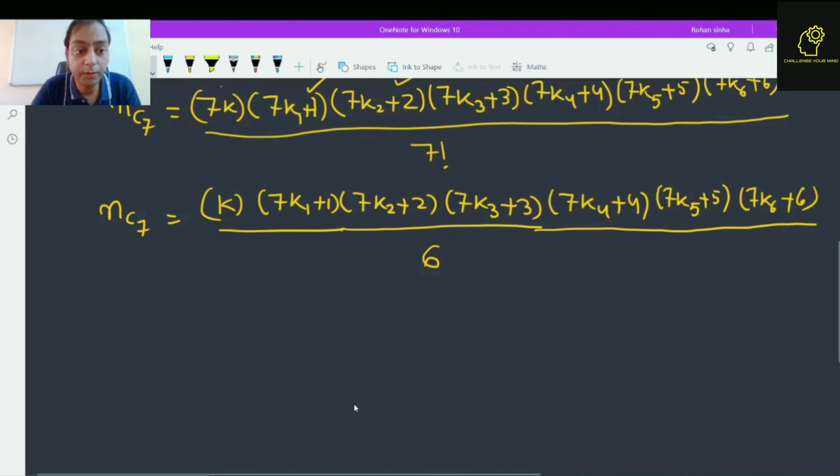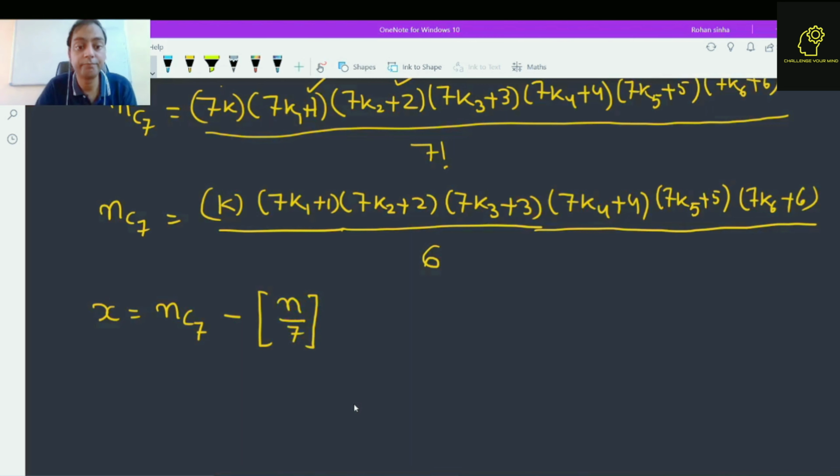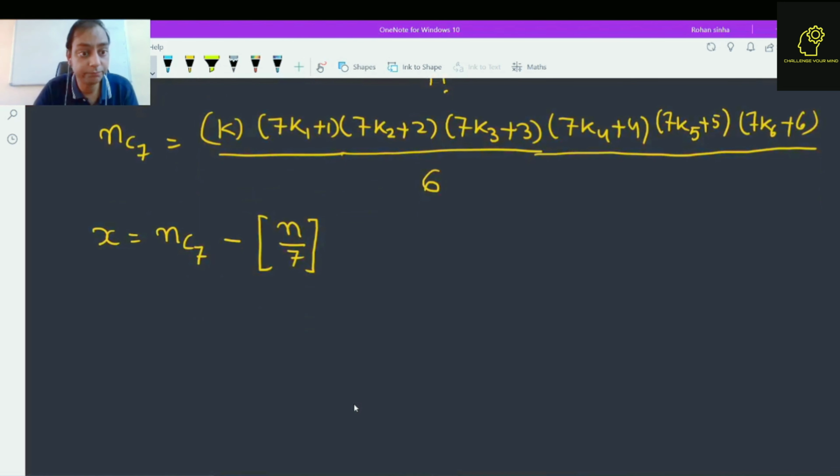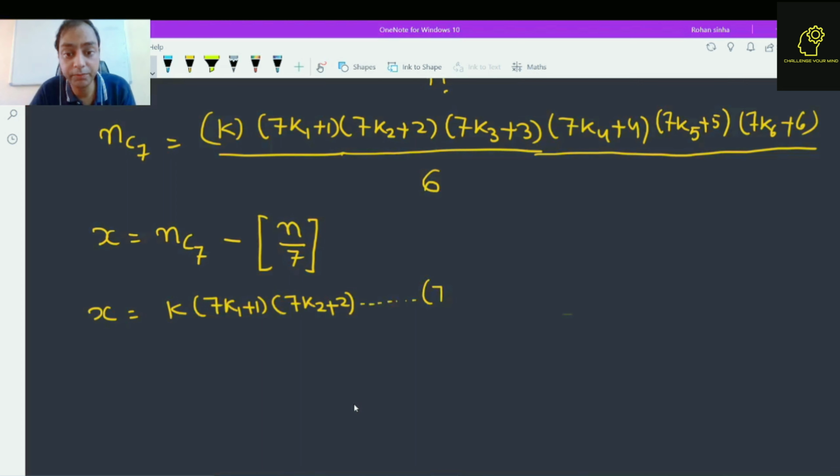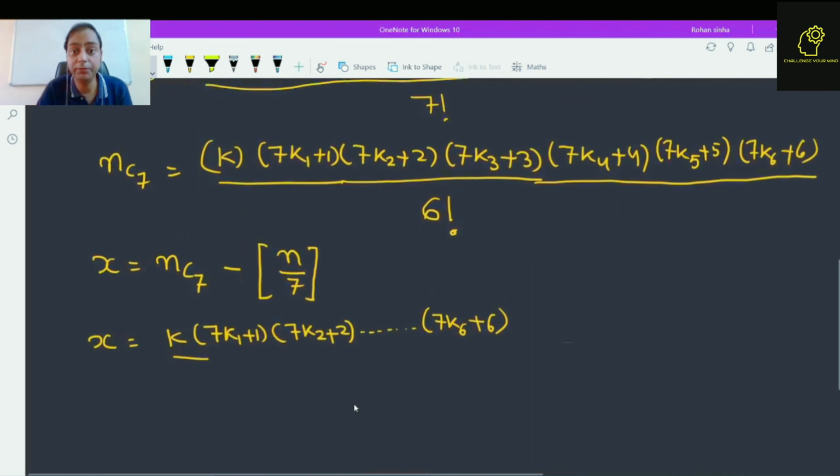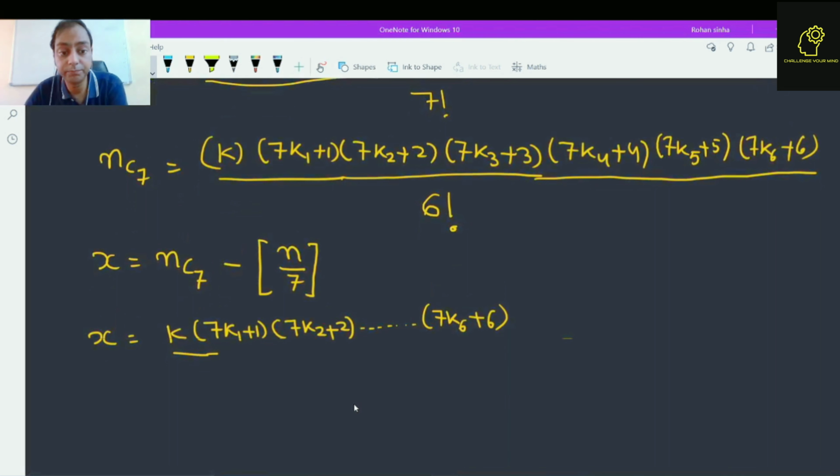Now, what is x? x is equal to nC7 minus GIF of n by 7. This can be written as k into 7k1 plus 1 and so on up to 7k6 plus 6, whole divided by 6 factorial, minus k.